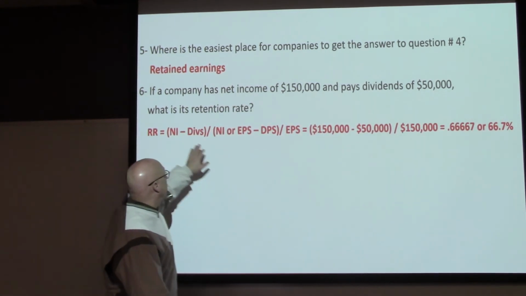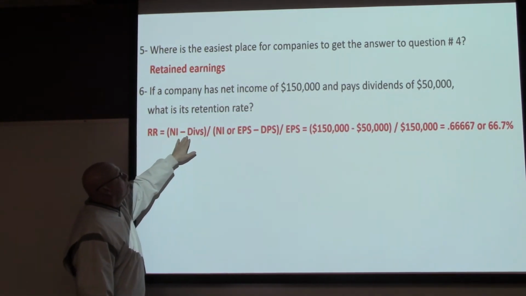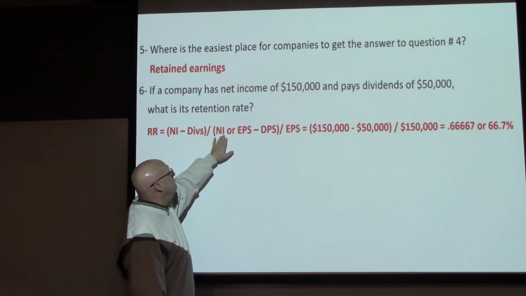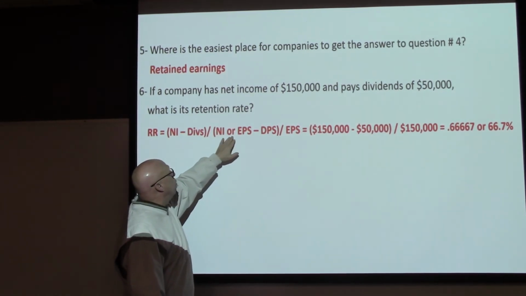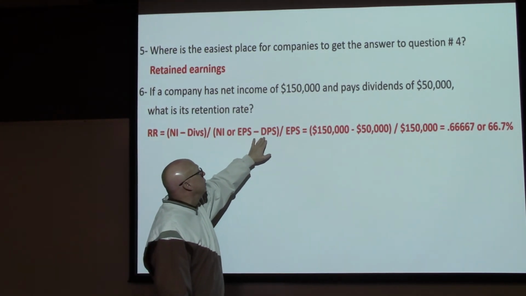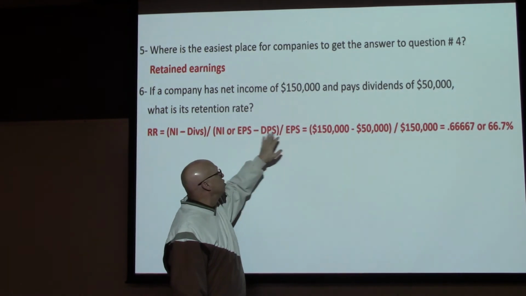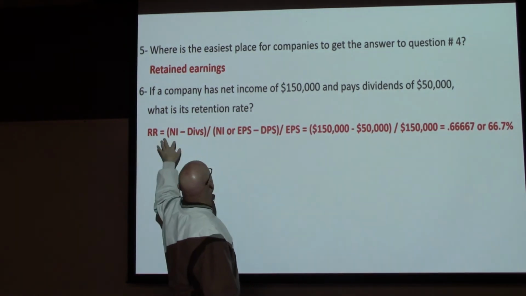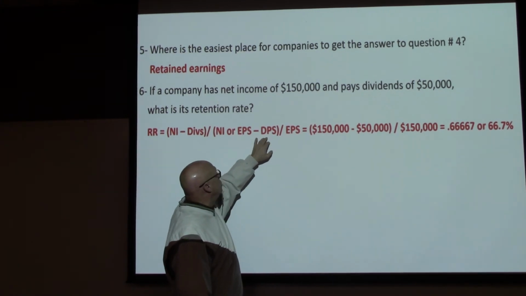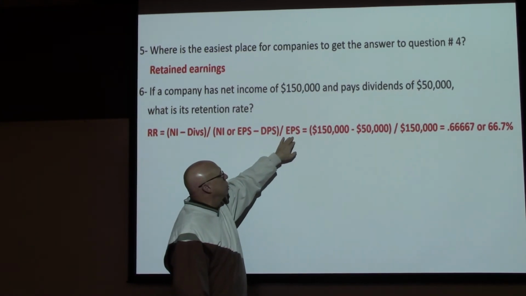The formula for the retention rate is net income minus dividends divided by net income, or it is EPS minus DPS divided by EPS. Same thing. Net income minus dividends divided by net income, or EPS minus DPS divided by earnings per share.